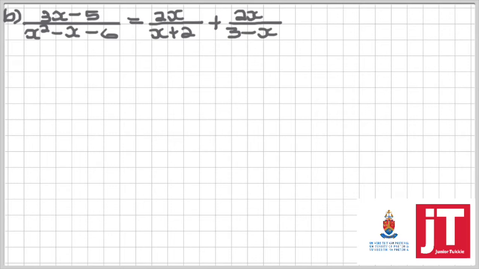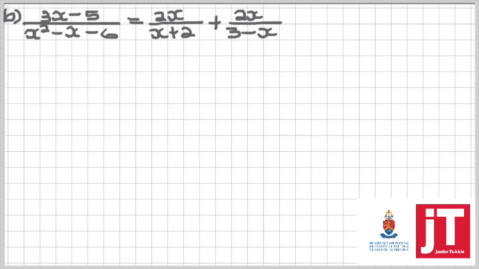If you look at the second question, a spot of bother would be the denominator of the first fraction on the left-hand side. If you look at it carefully, there is a trinomial within the denominator. We need to factorize it. We need to get its factors. So again, factorization is an important skill that you require within equations.